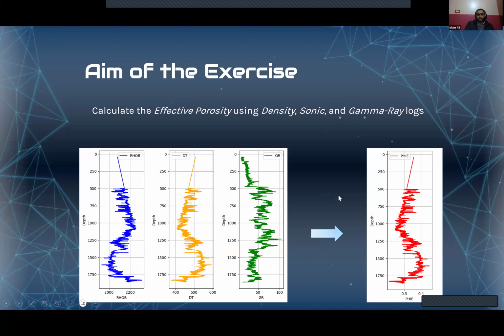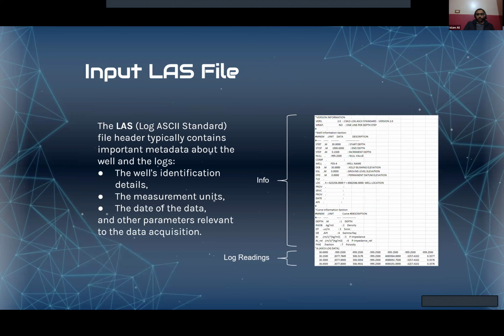And then once the machine learns how to produce porosity from these inputs, it will apply the same formula to other wells and create porosity for every well in my field. So it's a simple task, but we have to understand what we have to do.